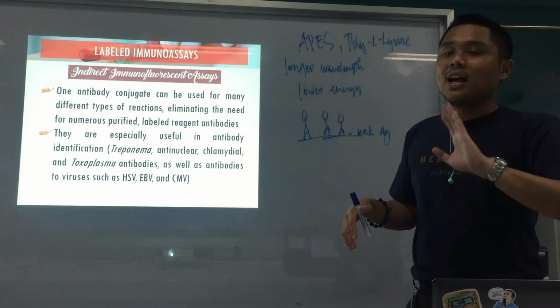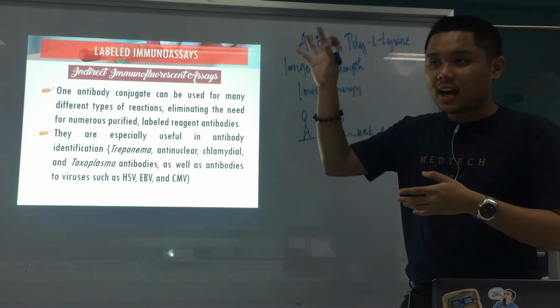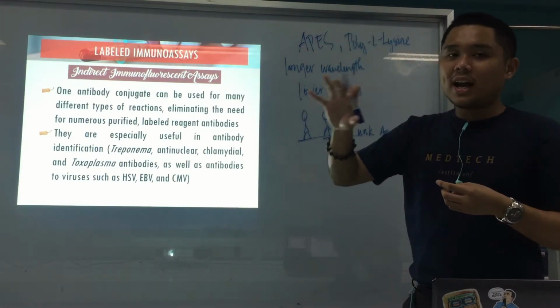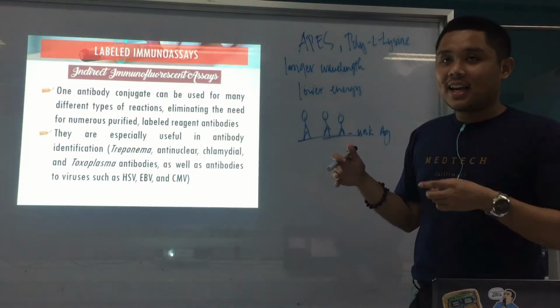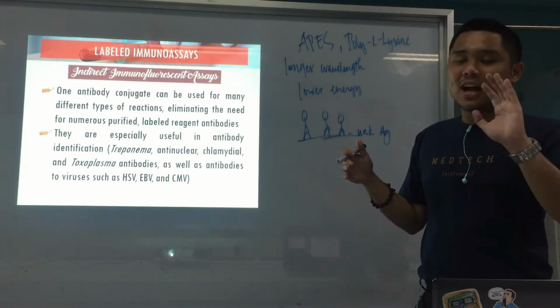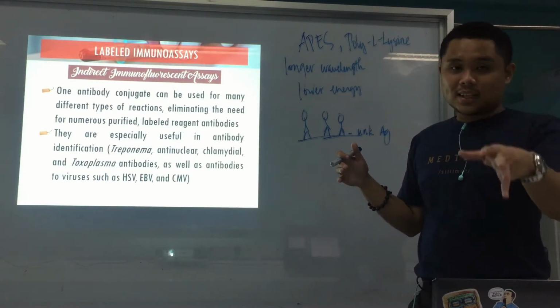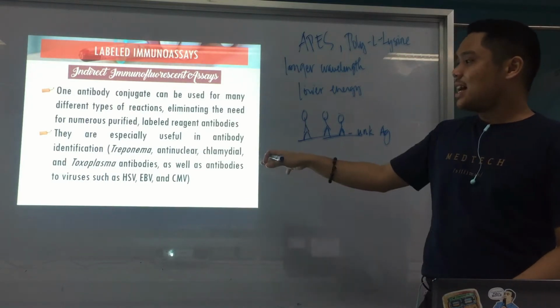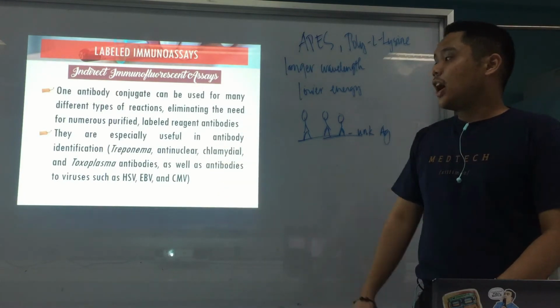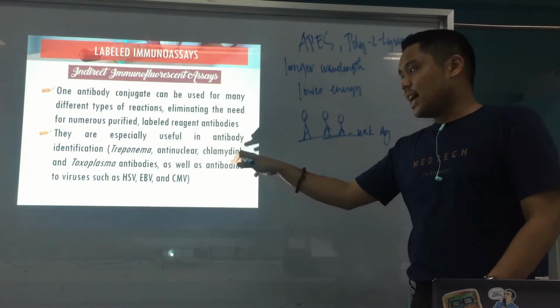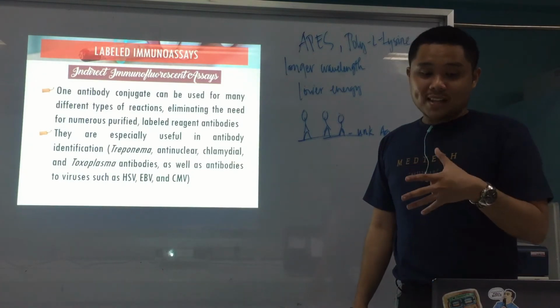Like for lupus, the appearance of the nuclear antibodies under fluorescence comes first. You'll have that in your autoimmune diseases lecture. Also chlamydial and toxoplasma antibodies, as well as antibodies to viruses such as HSV (herpes simplex), EBV, and CMV. So mostly antibody detection.